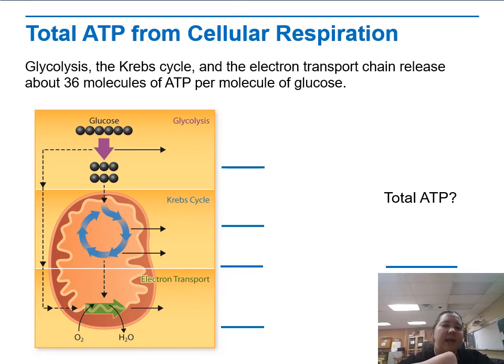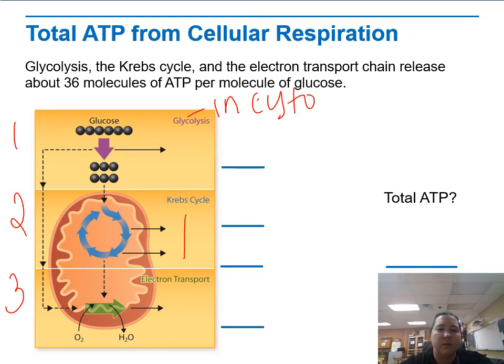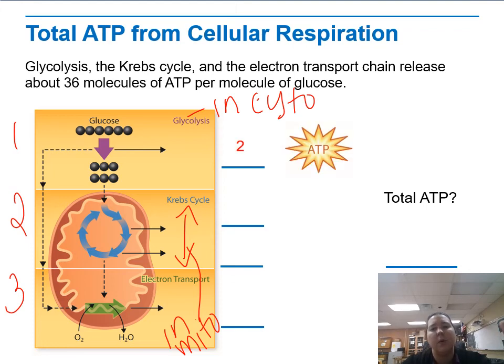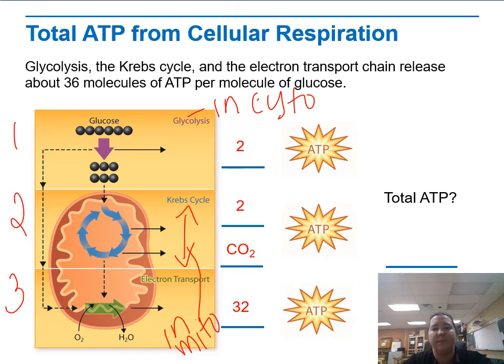So we've got three steps: 1, 2, 3. Glycolysis happens in the cytoplasm, and then these two happen in the mitochondria. In glycolysis, we only get 2 ATPs total.